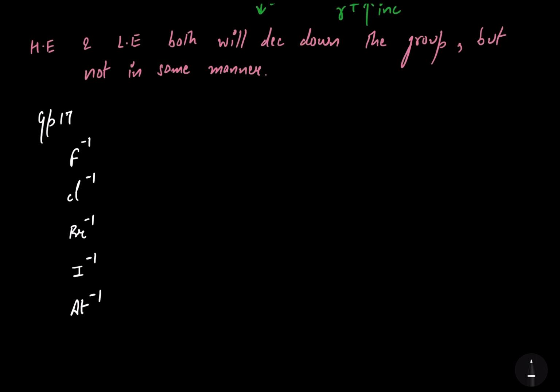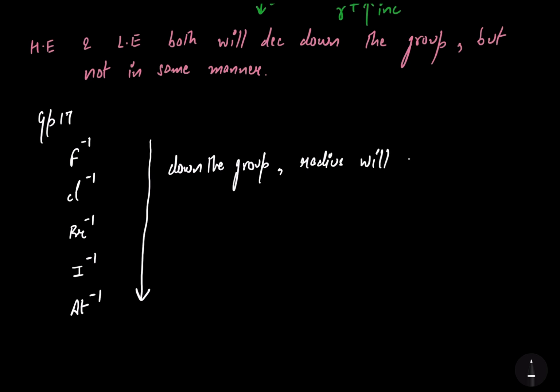Now again, what will happen? Down the group, radius will increase, and hence charge density and hydration energy will decrease down the group.